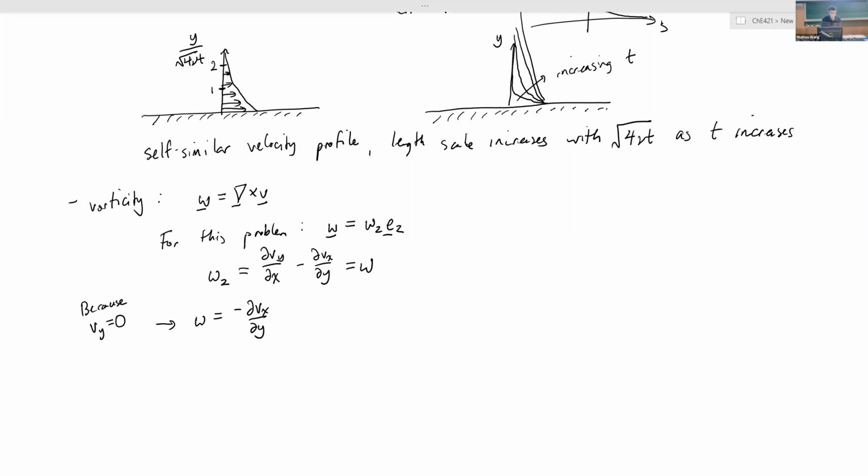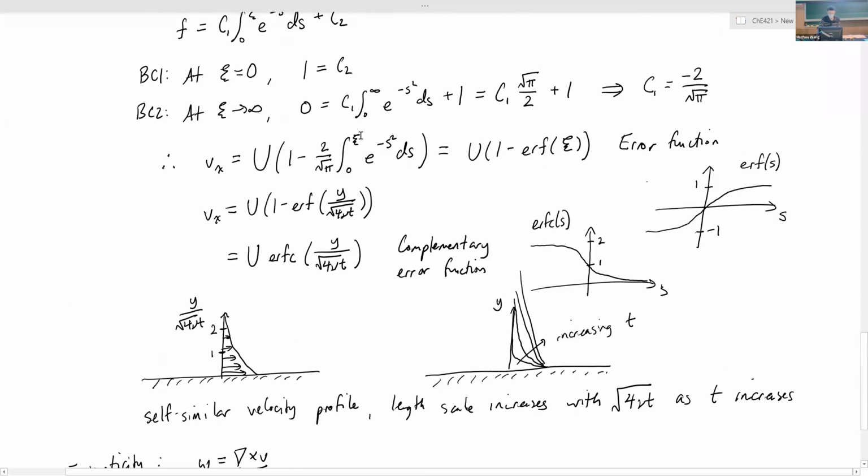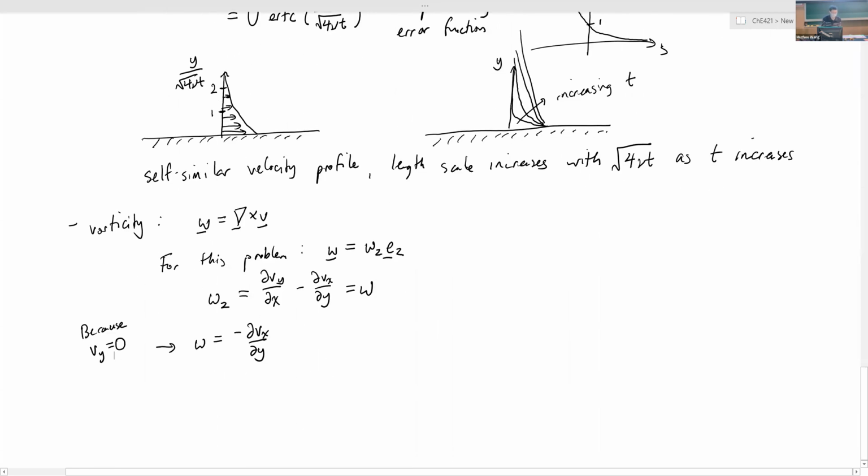We're used to expressing everything here in terms of our similarity variable xi at this point, and so let me go ahead and do that. We can do the chain rule again. You guys believe me when I write that for the chain rule?